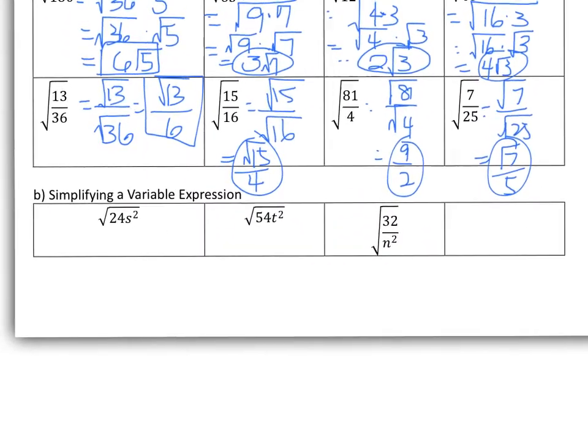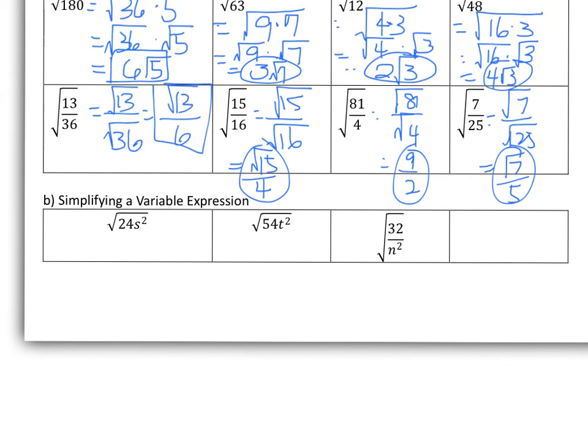Simplifying a variable expression with radical signs. So again, we can have 6 times 4 times s squared.